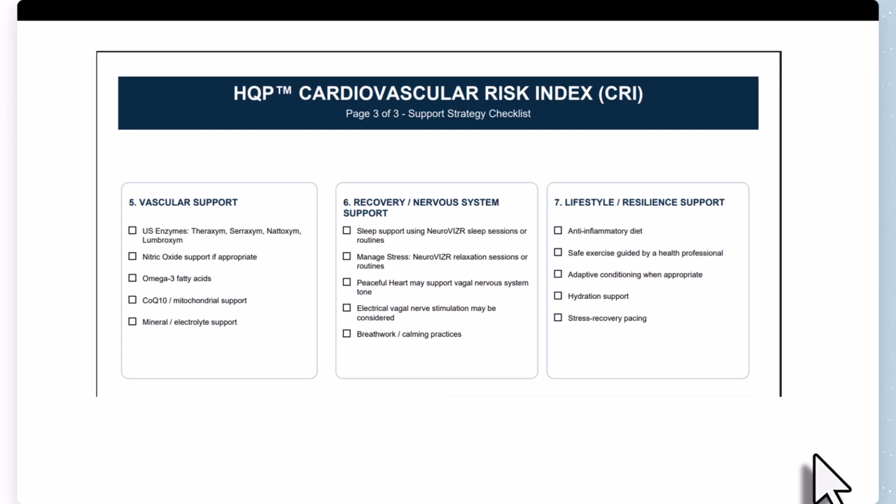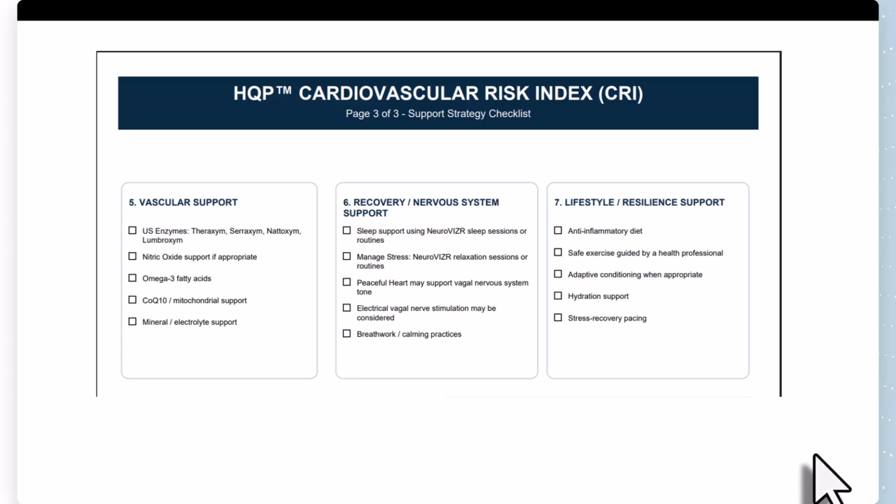All those things support the cardiovascular system. But never forget that stress, we talk about this a lot, whatever the stress is, is going to affect the vascular system, and so we want to reduce that. So sleep support, and managing stress using our NeuroVisor. One of them we like is managed stress routines and peaceful heart. Sometimes we like vagal nerve stimulation, electrical stimulation.